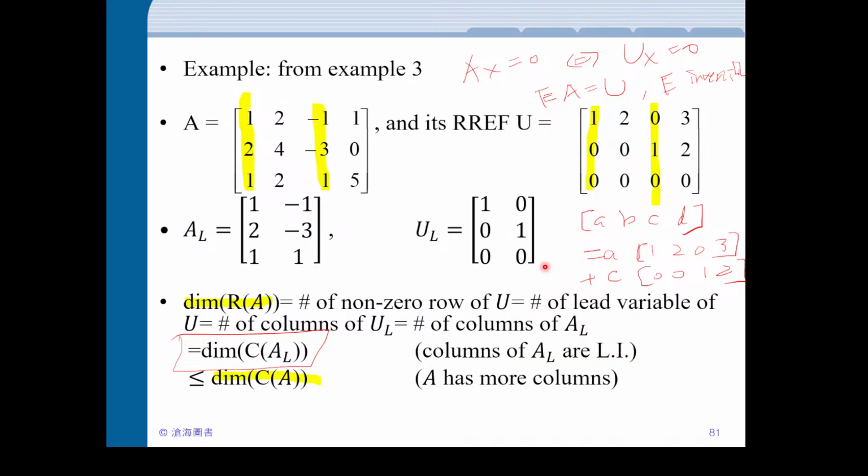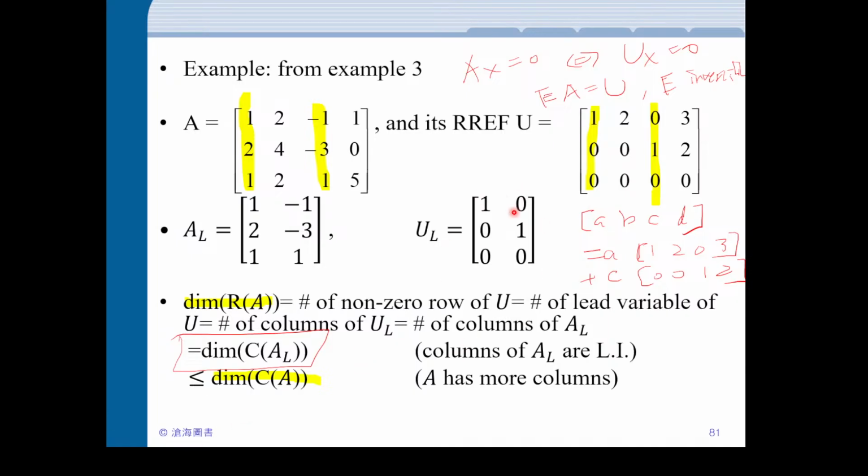And the columns of UL are LI because it's quite obvious to see here: the columns of U will just be standard vectors. Because U is a REF, for every lead variable you have a 1 and 0 elsewhere. So the columns are standard vectors, and we know standard vectors are always linearly independent of each other.